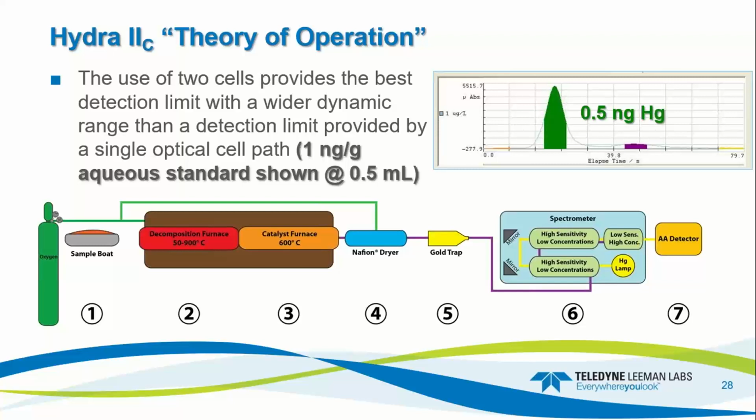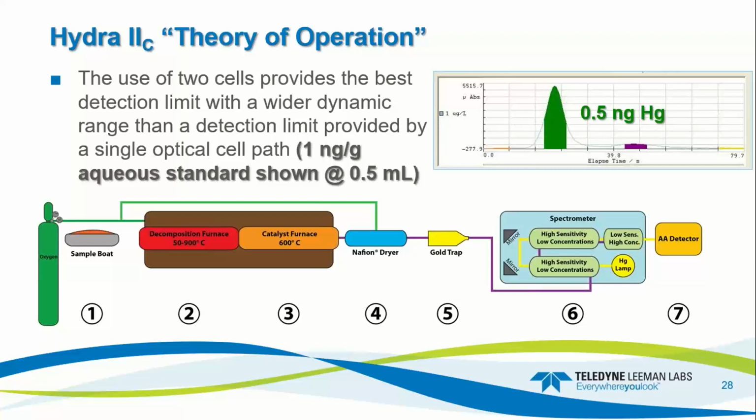So the use of 2 cells, the one 5-inch mirrored cell, which becomes a 10-inch cell, and then the short cell, is going to provide the best detection and wider dynamic range than a single cell within any system.